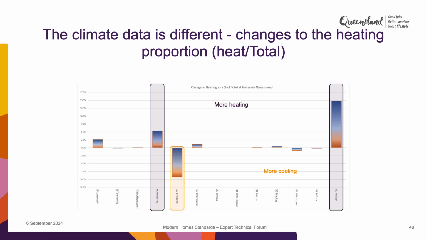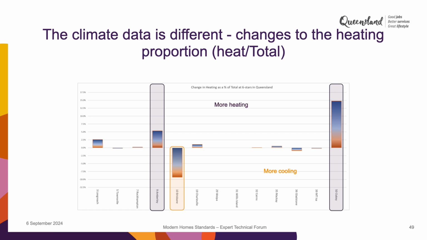So if you open up a house that used to get 5 stars with your outdoor living area, and it doesn't get near 5 stars this time around, it could be because Queensland is unfortunately one of those states that have got some of the climate zones that have changed a fair bit. Now, they better reflect reality than they used to, but you might find that the strategies you used to get to 5 stars are not what you need now to get to 6 stars with the new weather data.